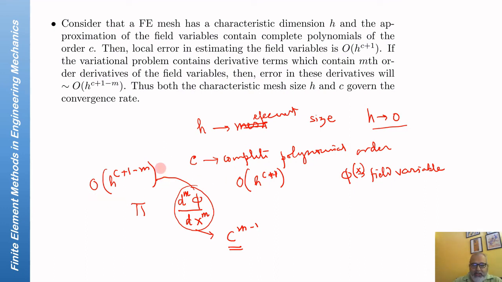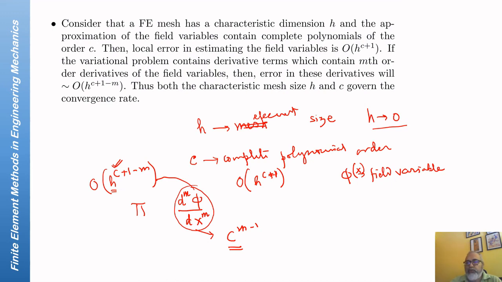Now, therefore, both c, that is the order of the highest complete polynomial hidden in your trial functions, as well as the size of the element, govern the convergence rate of finite element solutions.